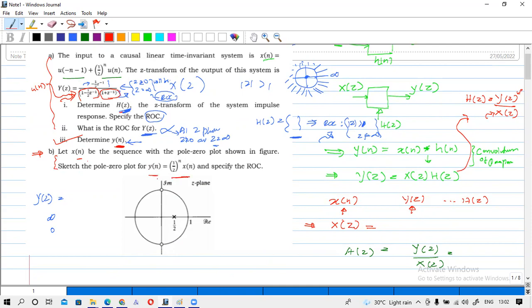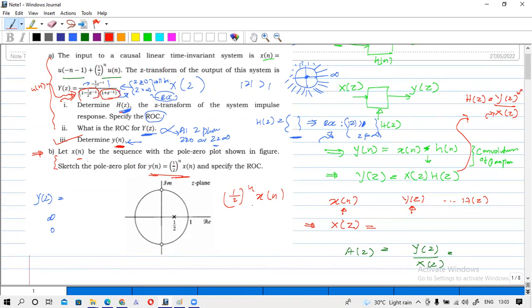So here you are given the yn. You are given the yn as half n xn. Half n xn. And you are given the xn also.